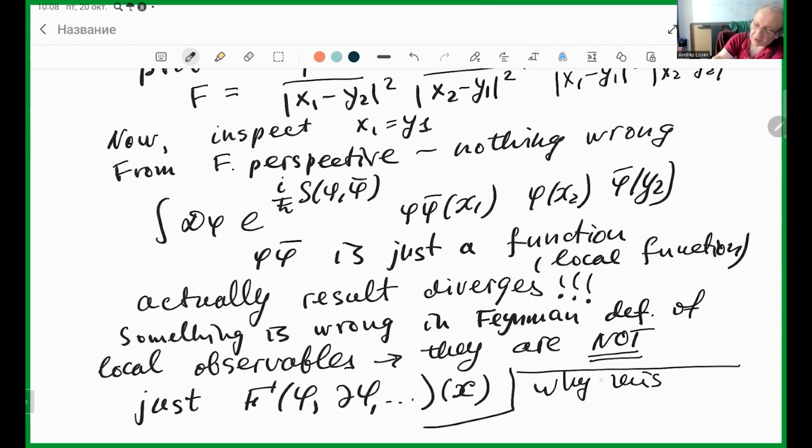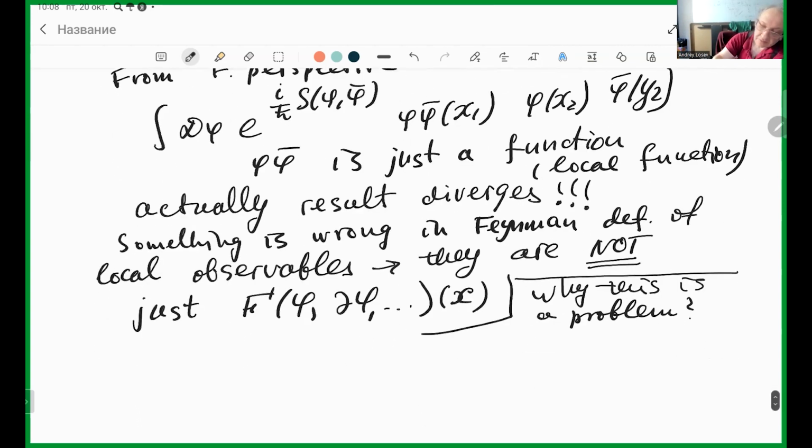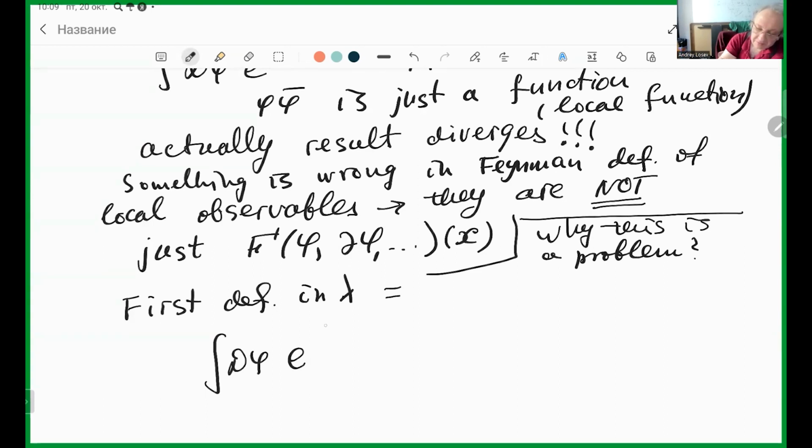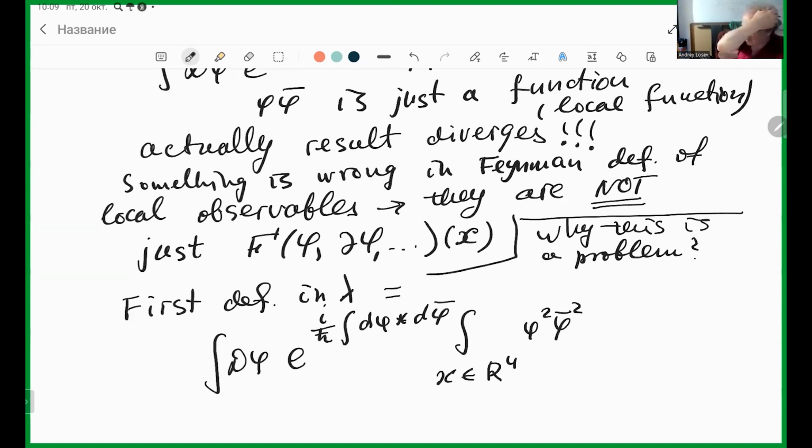So why is this a problem? It is because the first deformation in lambda is the integral d phi, and here we integrate over x in R4 phi square phi bar square at x.